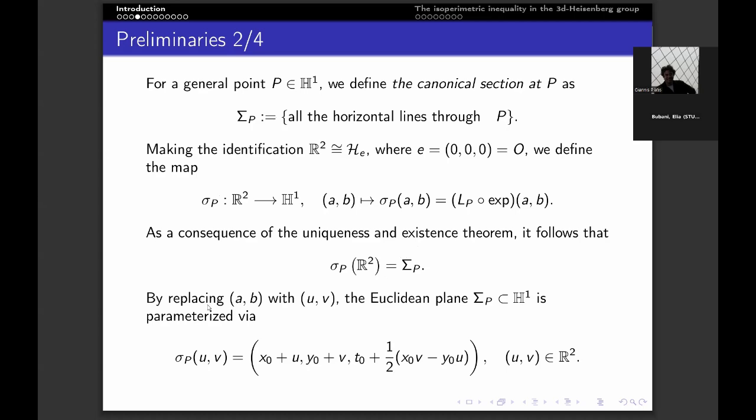So for the sake of notation, we can replace A and B with the usual U and V coordinates for some parameterization. And we have this parameterization here for the plane sigma at P.